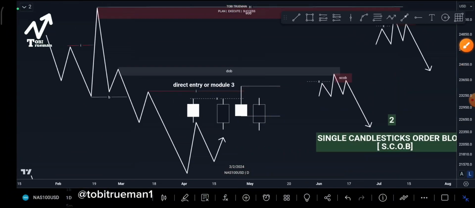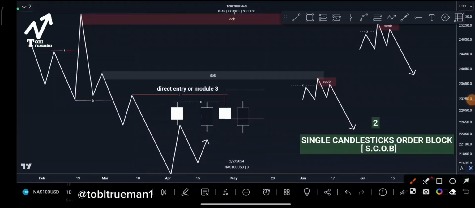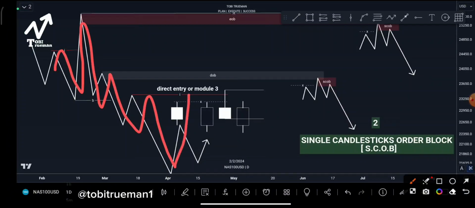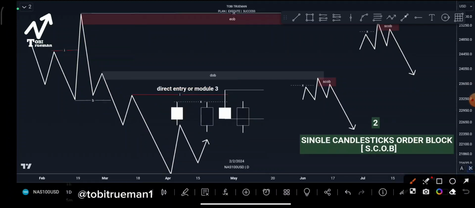Now when we come to scene 2, you see price gave us this type of bearish trend. You see this price taking out the inducement, but when price was making a move to go and take out the inducement, price gave us this type of reaction. You see the first pullback did not get to the point of inducement.